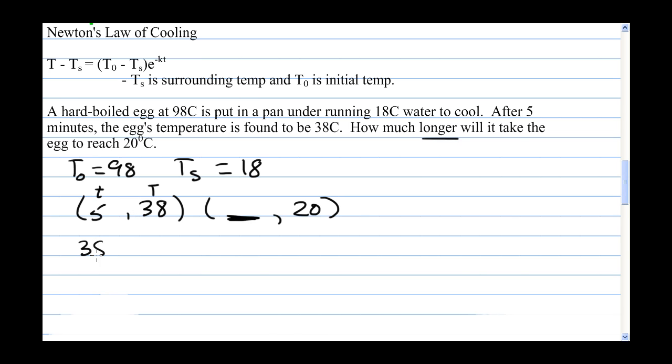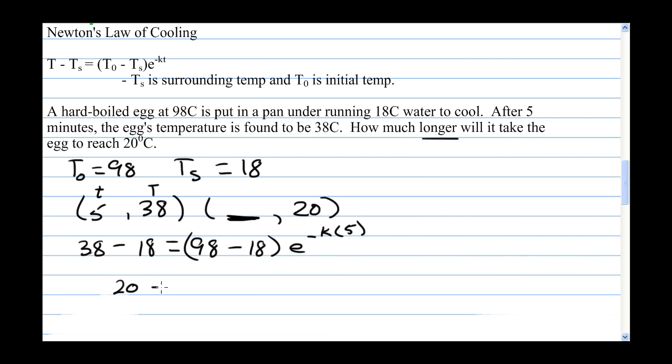We have 38, which is the temperature, minus the surrounding temperature, which is 18 degrees, equals the initial temperature, which is 98, minus the surrounding temperature, which is 18. And then we have e to the negative k times 5, since this took 5 minutes to reach a temperature of 38.